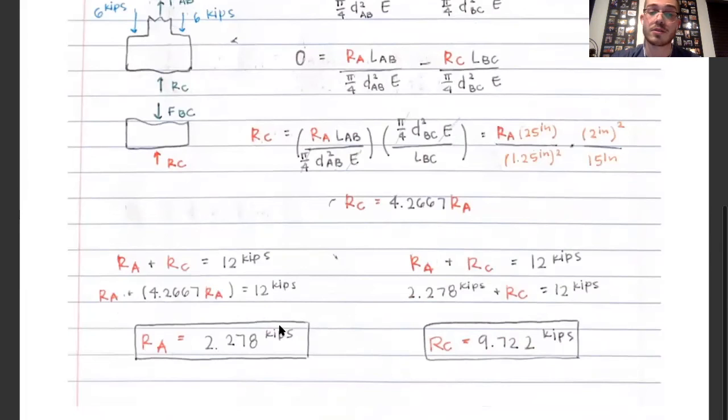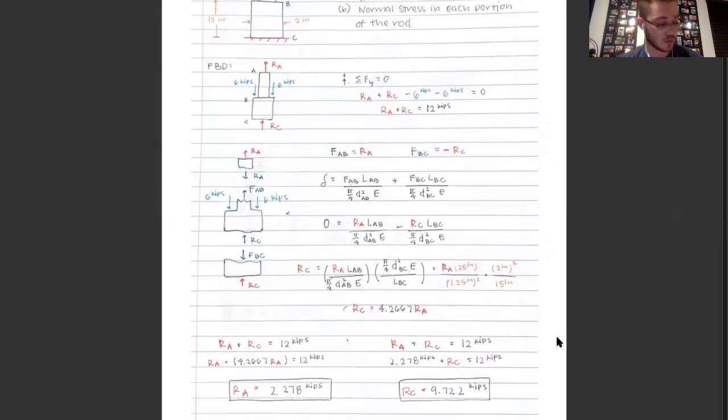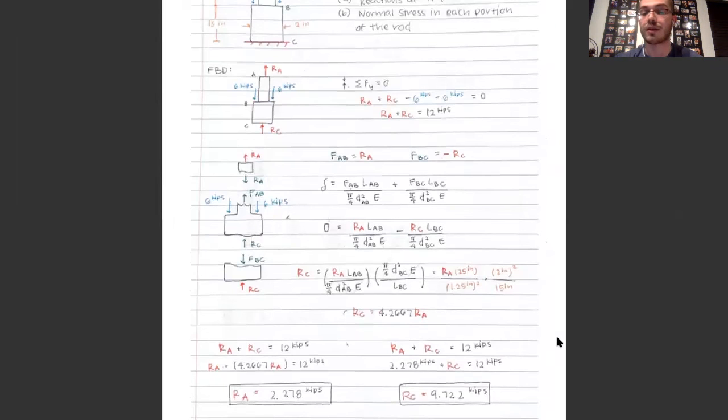Similarly, if we insert this resulting answer for reaction force A into that same equilibrium equation, we get 2.278 kips plus the reaction force of C is equal to 12 kips, which means that reaction force of C is equal to 9.722 kips. And that solves our first portion, or gives us the reactions for A and C.